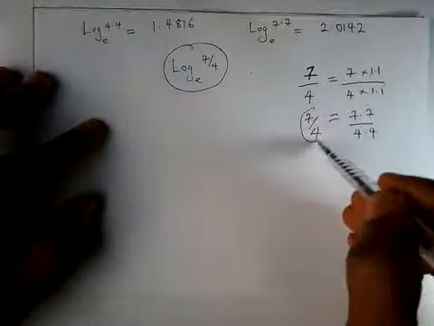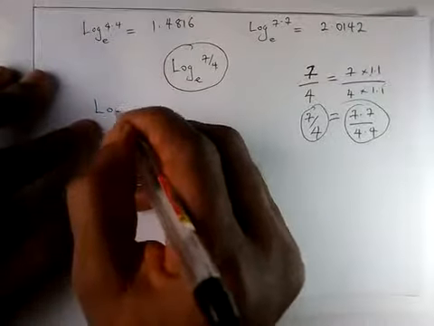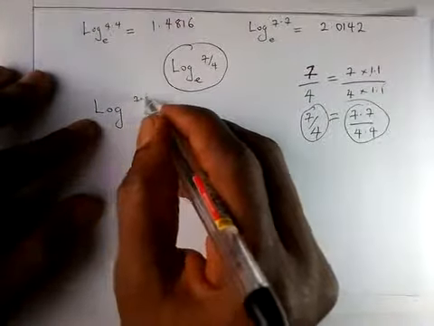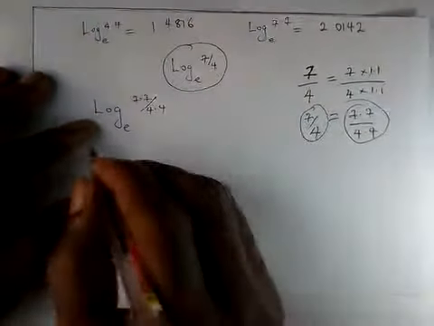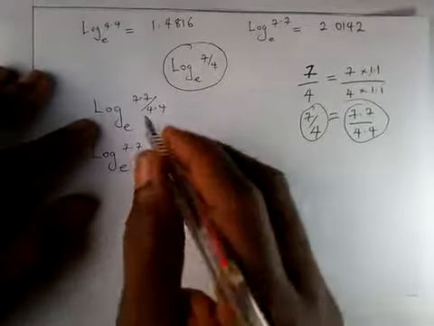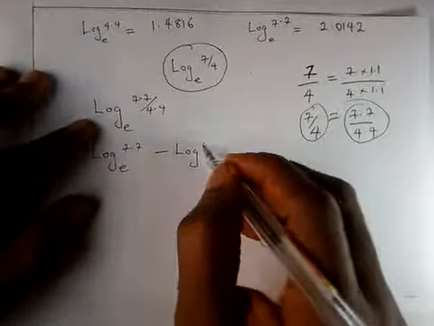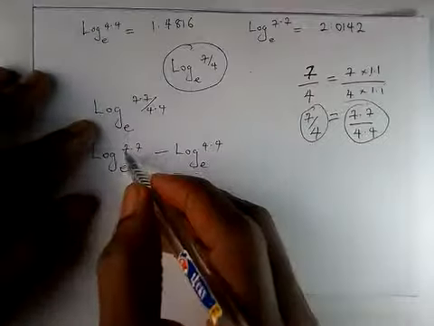If you press this with your calculator, it's going to give you the same thing. Okay, so we can simply rewrite this to be log 7.7 over 4.4 to base e. So it's easier now. That's log 7.7 to base e minus log 4.4 to base e. Okay, now what's this?